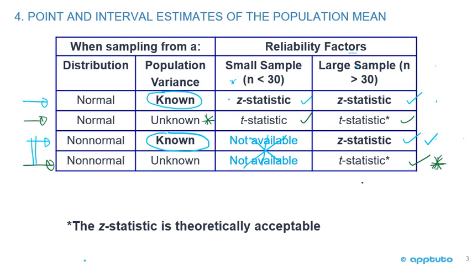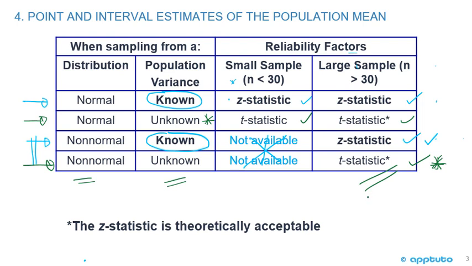And the previous slide said, well, based on the central limit theorem, if the sample size is very large, then in theory you could use the z-statistic. But what this table is saying is that if the distribution is non-normal and the population variance is unknown, then on a large sample, you're going to use the t-statistic to be more conservative, okay?